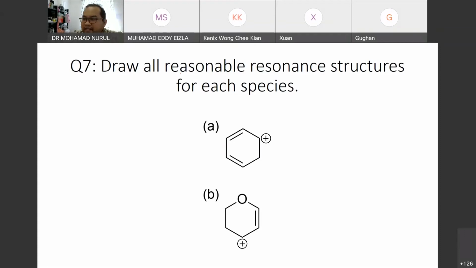Okay, next, let's go to the next question. Draw all the resonance structures for each species. What you can do is just move the electrons here, the pi bond here, so you can get the second structure.